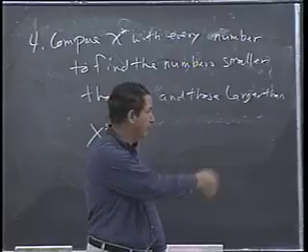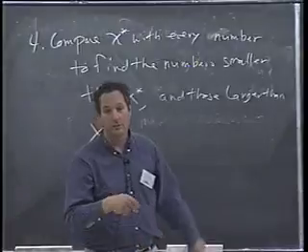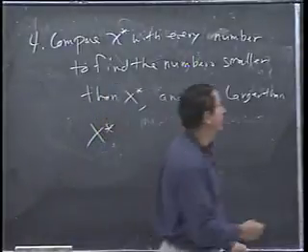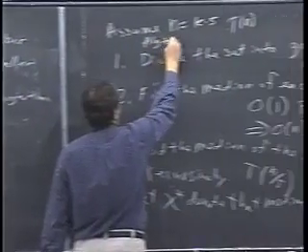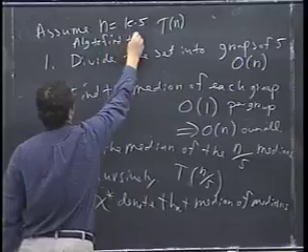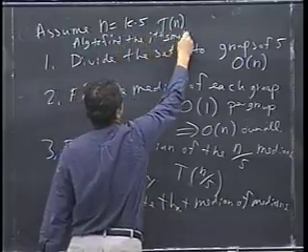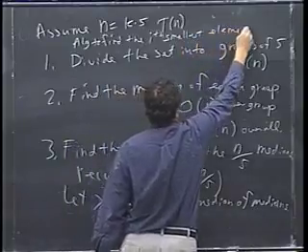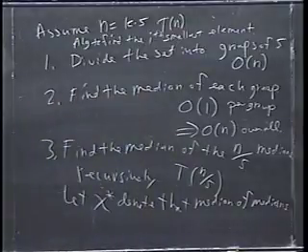But the recursive call, which I'm coming to next, is going to be using this changing i. Okay? So this is the algorithm to find the ith smallest element.